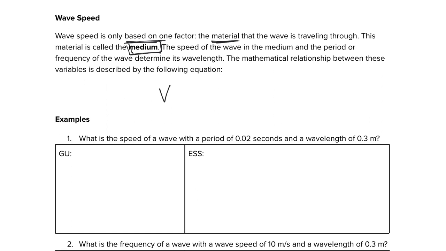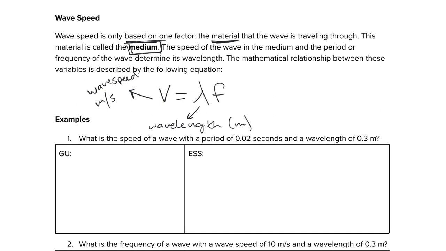It says the wave speed, which is a v, and is measured in meters per second, equals lambda. Lambda looks like an upside down y. That is for wavelength, which is measured in meters, times the frequency. Okay, so velocity or wave speed equals lambda times f. That's frequency, which is in hertz.